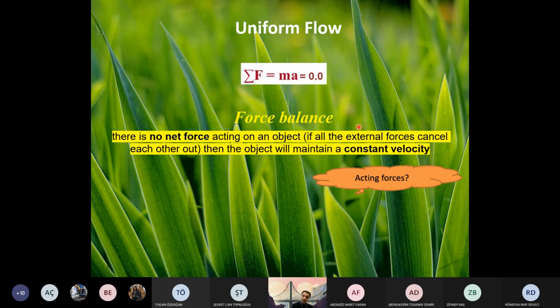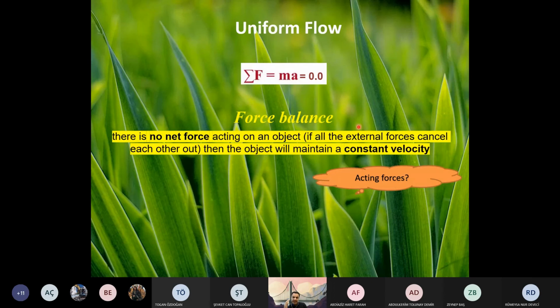Some wind, wind could be also. These are positive forces. It means these are the forces that act to have motion, and we have resistance force everywhere.